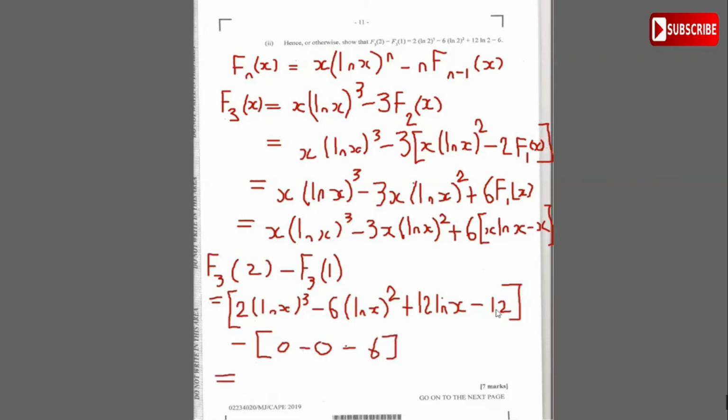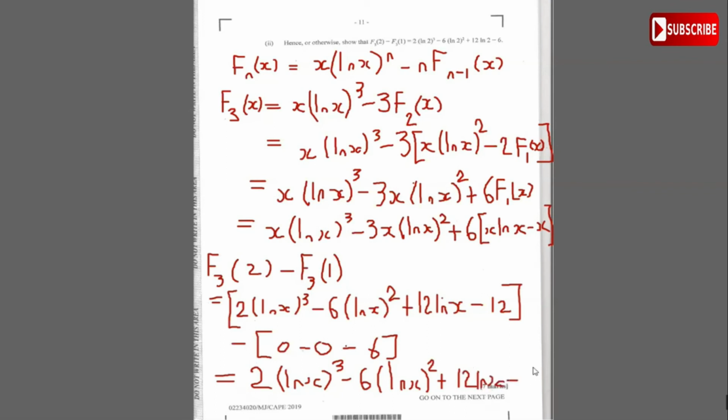And you're going to have all of this, but minus 12 minus minus 6 is just minus 6. So all of this works out to just be 2 ln x cubed minus 6 ln x squared plus 12 ln x minus 6.